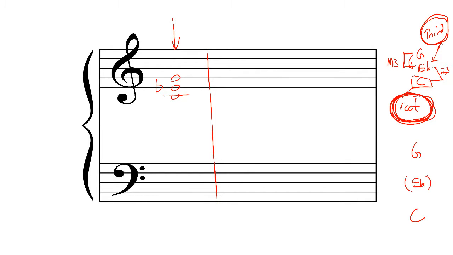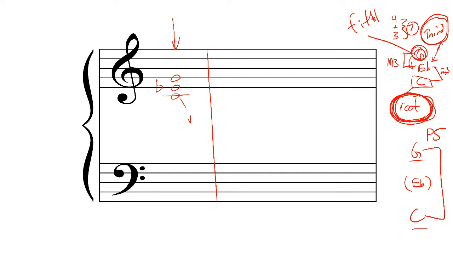The third is there in the middle, but the distance between G and C is a fifth. And it happens to be a perfect fifth because we have 3 and 4 half steps, creating the 7 half steps of the perfect fifth. And G will forever and always be the fifth of the chord. Those terms stay locked in. So that's our root, that's our third, and that's our fifth.